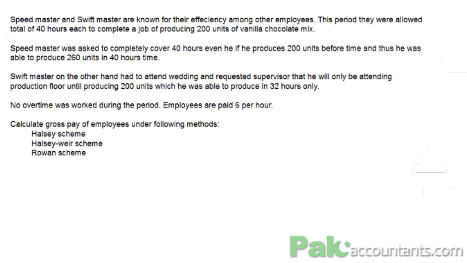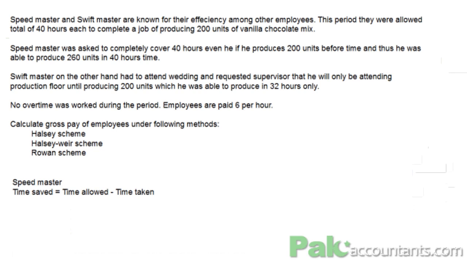If we are unable to calculate time saved, we won't be able to calculate anything further. So let's see. In case of Speedmaster, time saved is calculated as time allowed minus time taken.